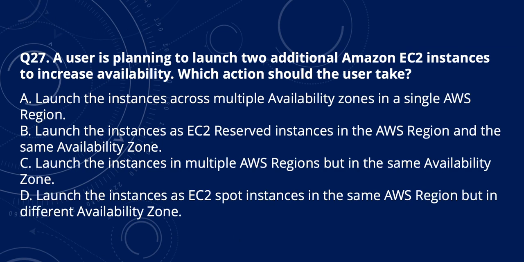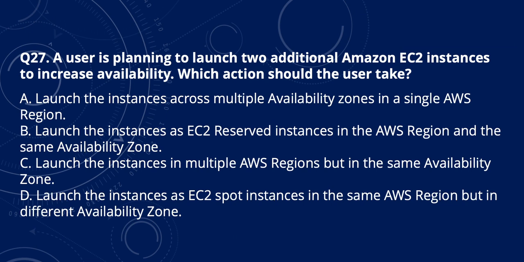Next, question number 27. A user is planning to launch 2 additional Amazon EC2 instances to increase availability. Which action should the user take? So we have option A, launch the instances across multiple availability zones in a single AWS region.